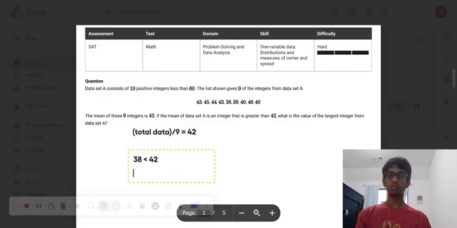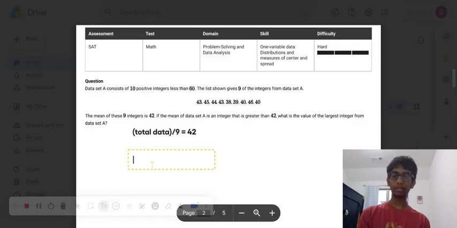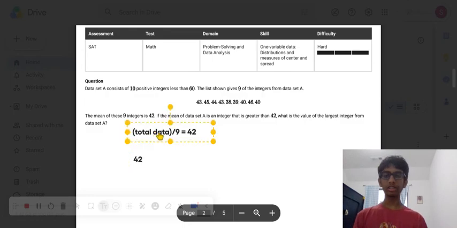Moreover, say we add a value of 90. Our mean will actually become larger because we added a value that's proportionately larger. Moreover, if we add the value 42 again, then the mean will stay the same. And remember, when we're adding a value, the total data will have an increase of 42. Say we included 42 as a value, and this will also become 10.